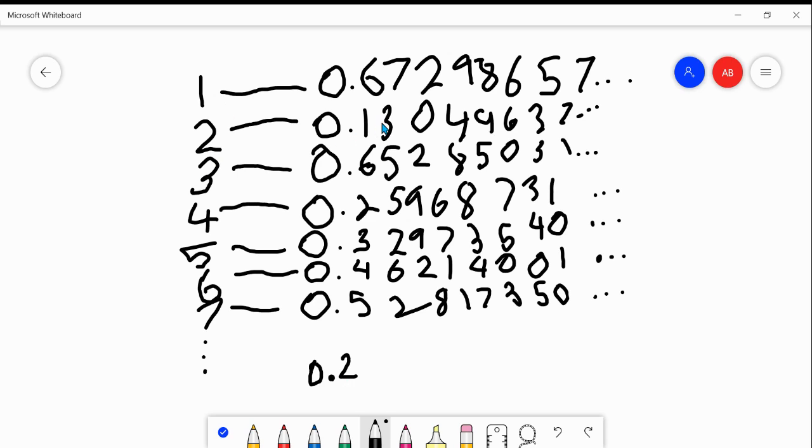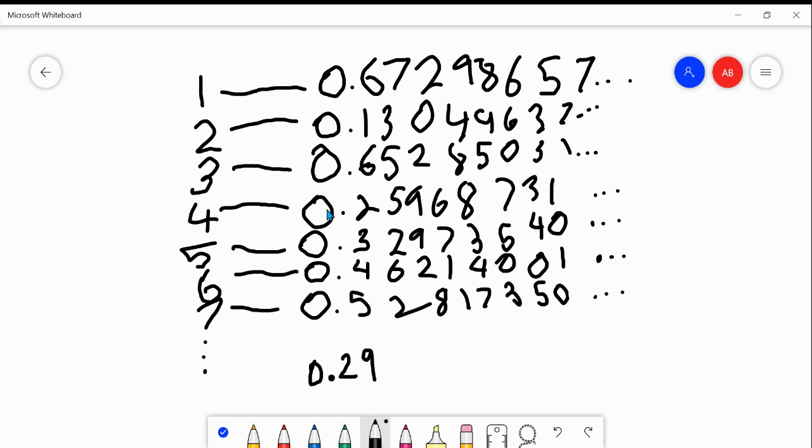And now for the second digit, I will make sure that it is different from the second digit of the second number. So I'll make that 9. It's not the same.